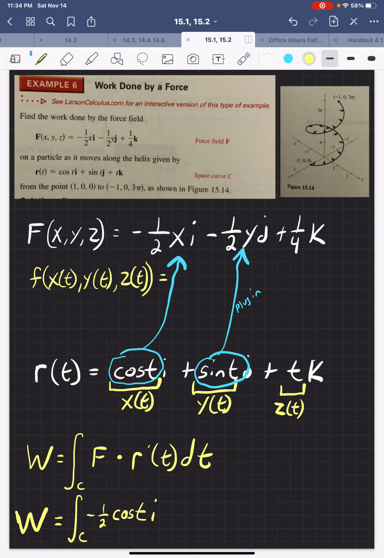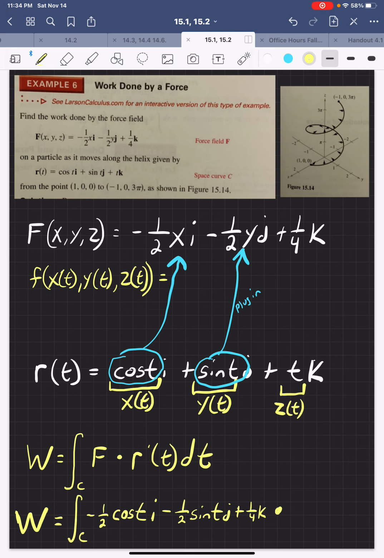And that's going to be minus 1/2 sine of t, j direction. And then it's just going to be plus 1/4 in the k direction.